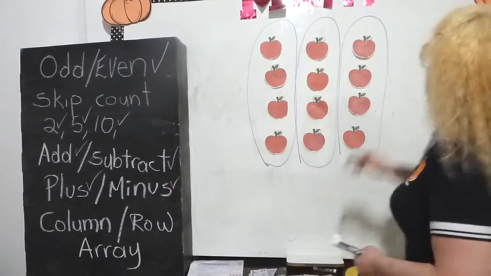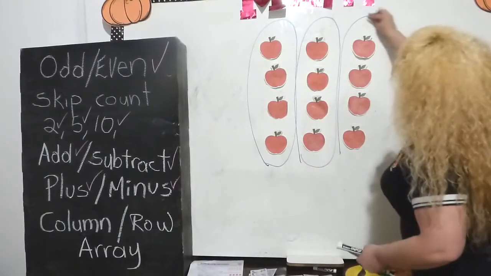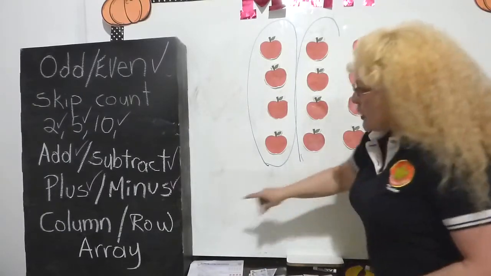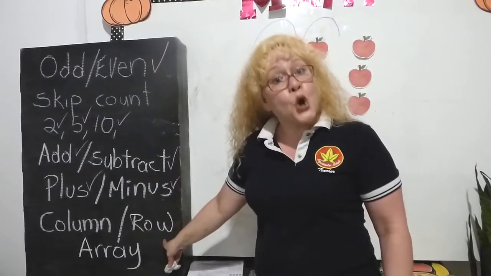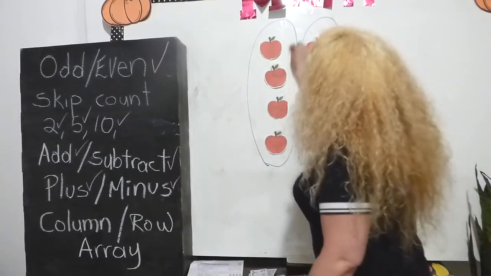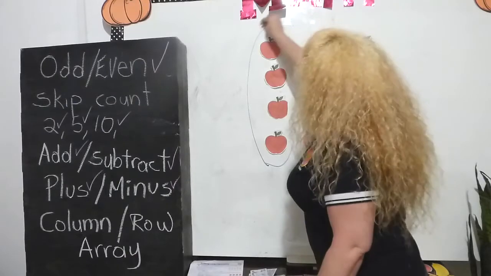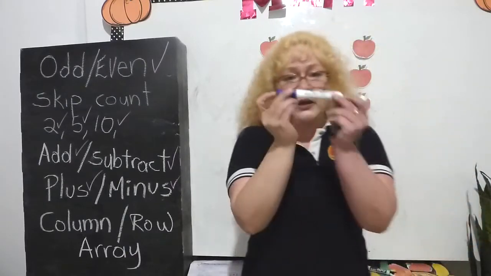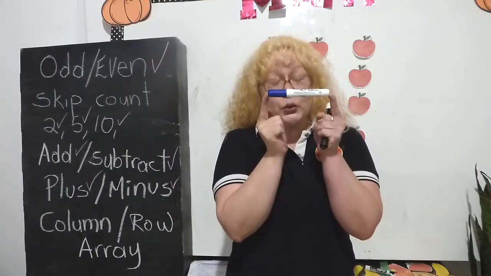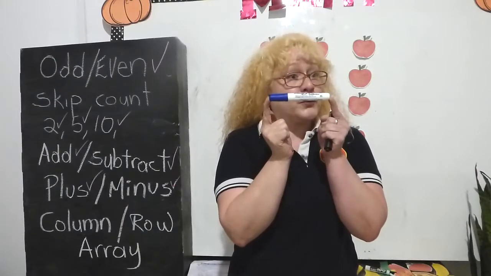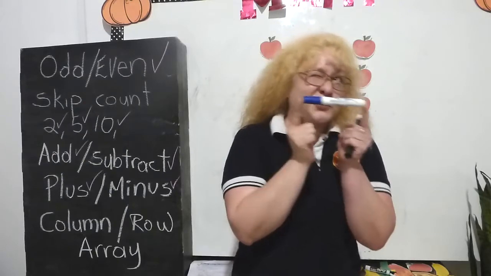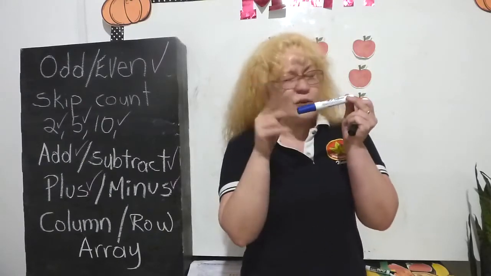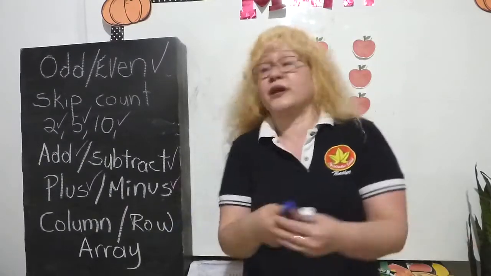Vertical. And the other word is row. Row. Okay? The rows are like this, like when you go to sleep. Row and sleep. Try to get those 2 words together so that way you don't get confused.